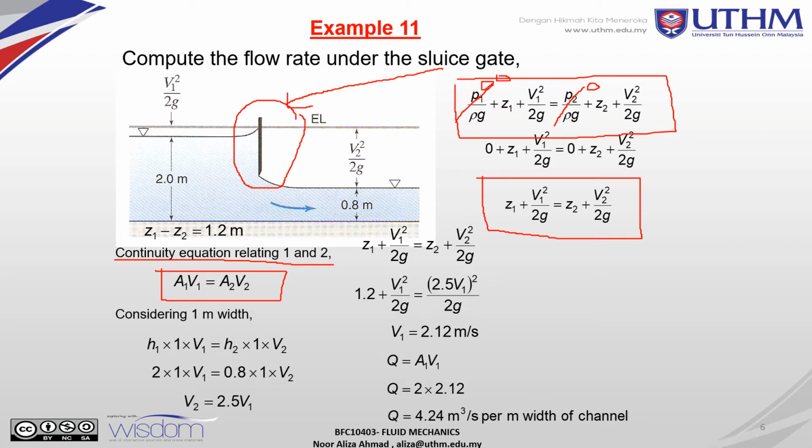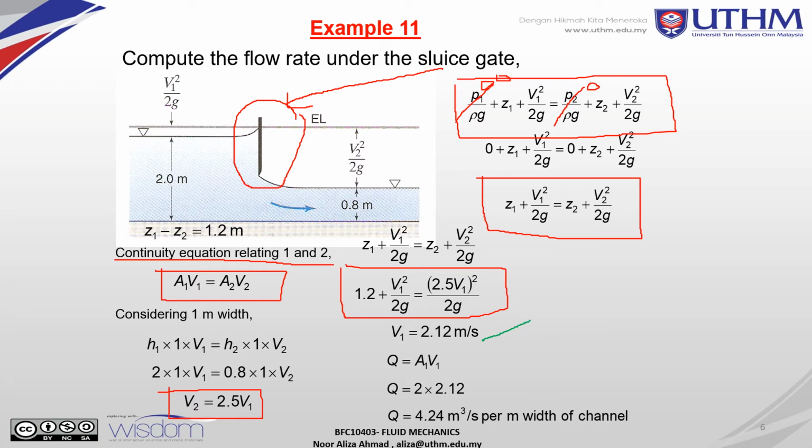So we get V2 equal to 2.5 times V1. Then we use the Bernoulli equation back, inserting the value of V2, until we get the value of the velocity V1.